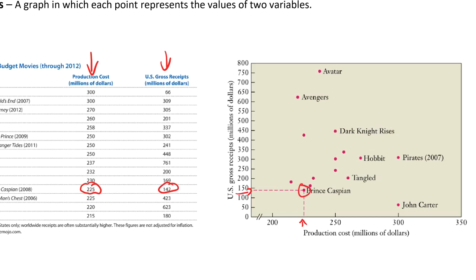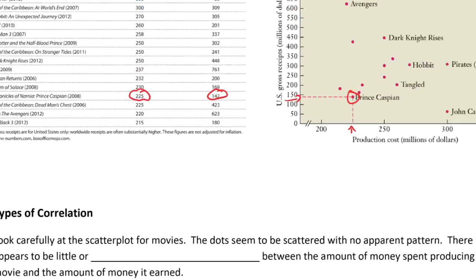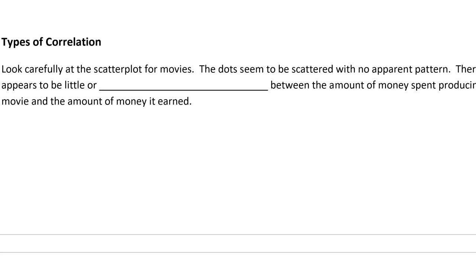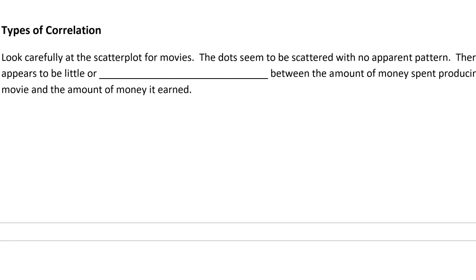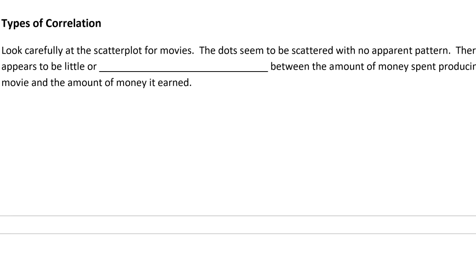And you can put a dot right there. For each of these movies, they're just a dot on this grid now. While in this case it might look like these are just kind of random dots, we can actually find correlations on scatter plots. So before we start looking at some more scatter plots, types of correlation.